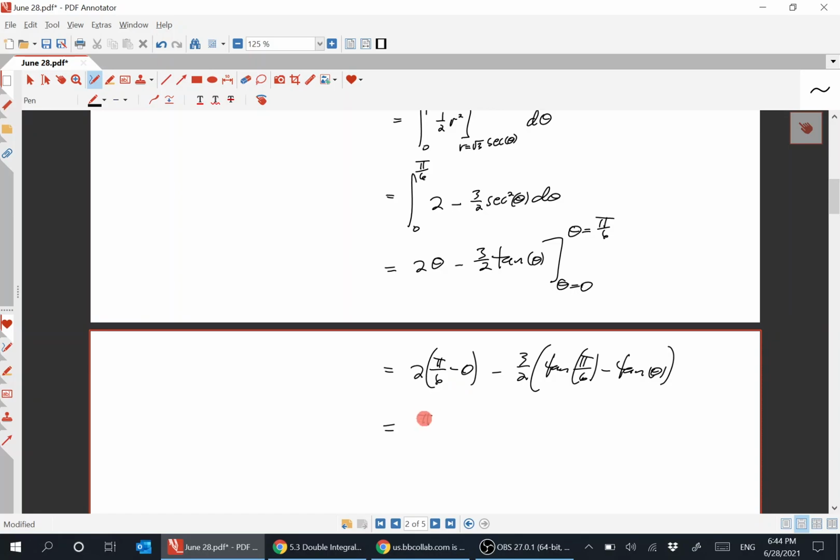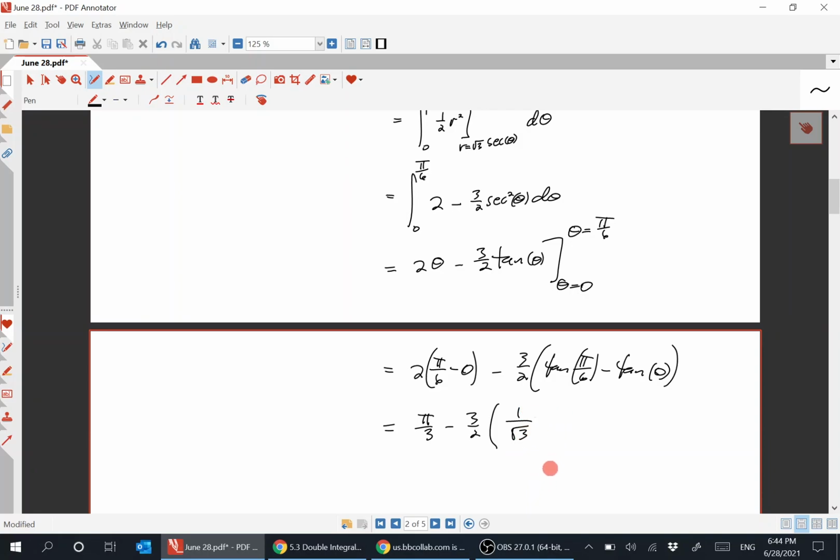So this becomes pi over 3, and then tangent of pi over 6 is sine over cosine, so that's 1 over root 3, because sine is a half and cosine is root 3 over 2.